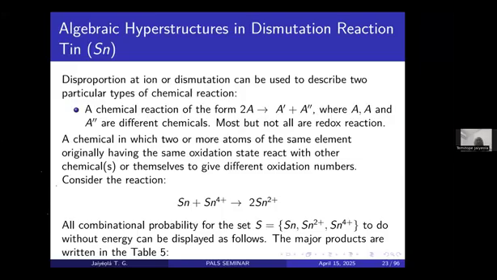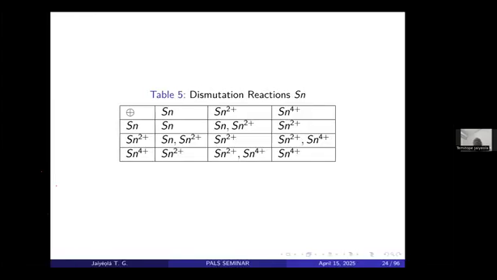Now we go on to some chemical structures which have been shown to exhibit hyperalgebraic structures. The first one is the dismutation reaction for 14, which, as given in this table, is a hyperalgebraic structure.